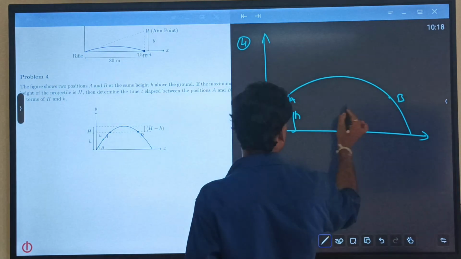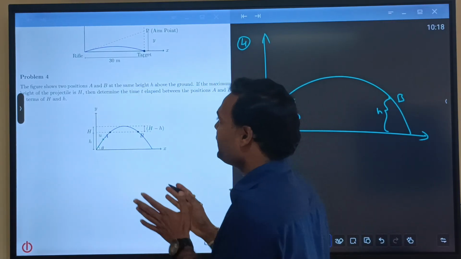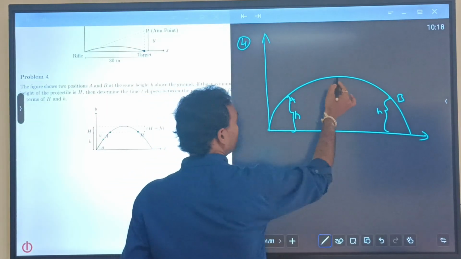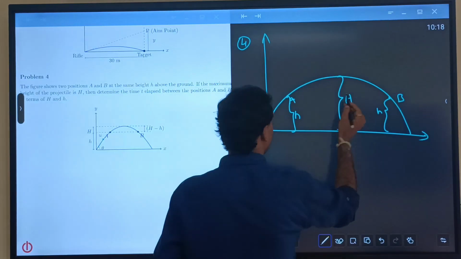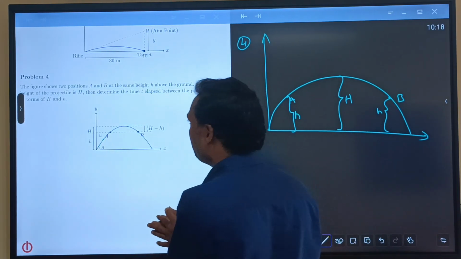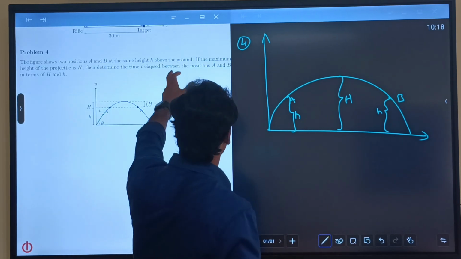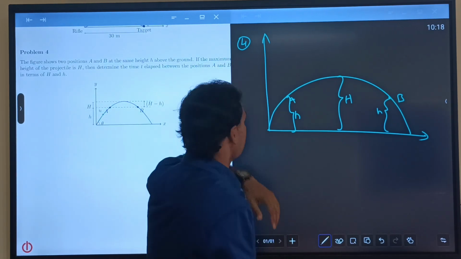This is the height h, this is the height h, above the ground. If the maximum height of the projectile is capital H, that is, this is capital H, then determine the time t elapsed between the positions A and B in terms of H and h, right?